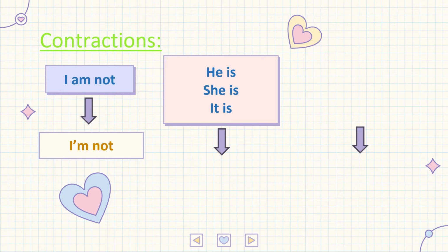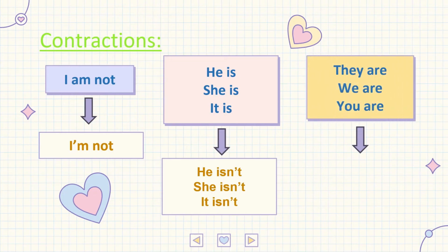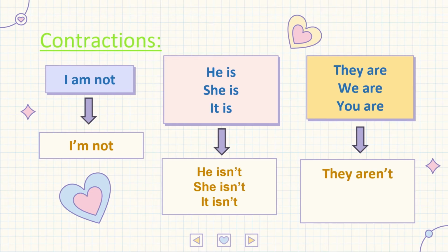And instead of saying he is, she is, it is, you can say he isn't, she isn't, it isn't. And instead of saying they are, we are, you are, you can say they aren't, we aren't, you aren't.